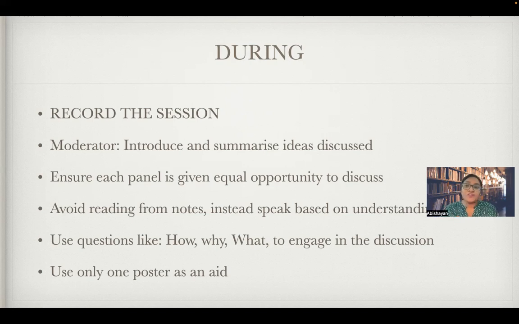It can be a poster, a brochure, or a PowerPoint slide, anything, but just one. If you have one for your topic, that's one. You can have one more for your data. But if you don't have a slide for your topic, you can just have one to show your data.